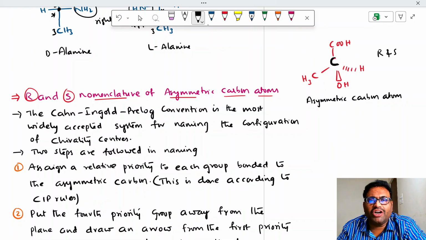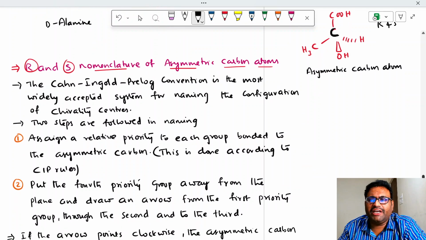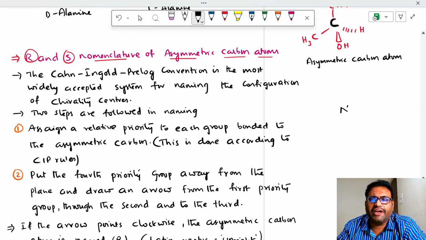If the carbon is not asymmetric, if it is not bonded to 4 different groups, then we don't write R and S nomenclature. Already we have discussed D and L nomenclature; R and S nomenclature is written for the asymmetric atom, the atom which is bonded to 4 different groups. Not only carbon atom can be asymmetric, there can also be nitrogen.